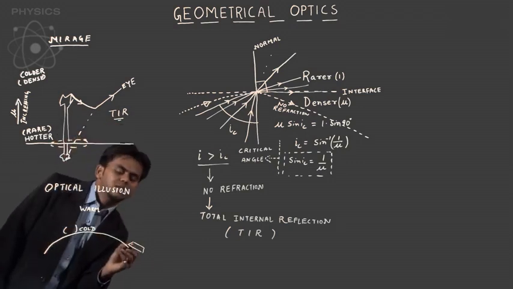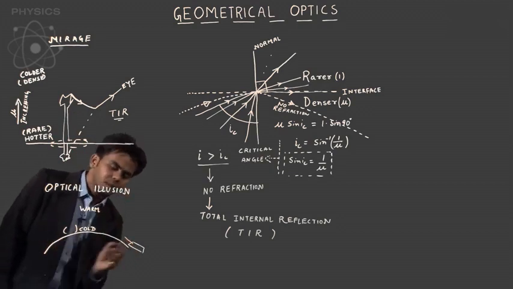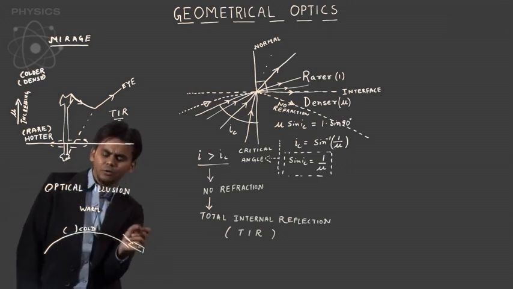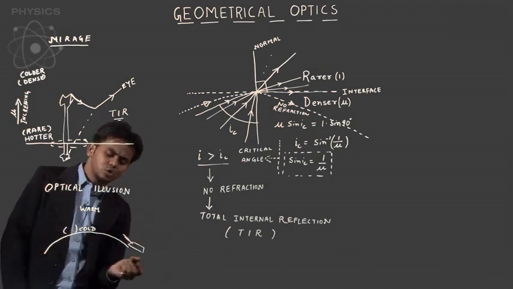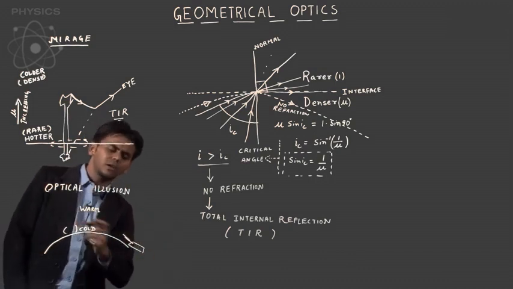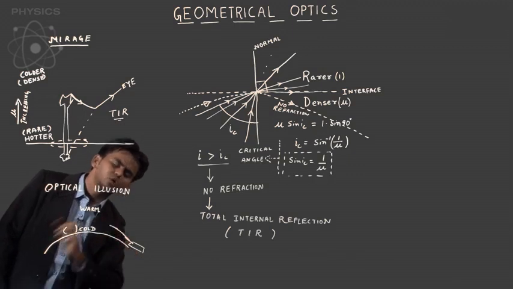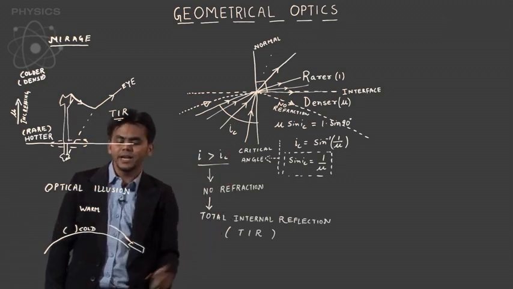So as the ray coming from the ship proceeds up, it would find itself falling from an optically dense medium to an optically rare medium. So it would deviate away from the normal, and at one point it would suffer TIR, because if i is greater than the critical angle iC, I'll suffer TIR.